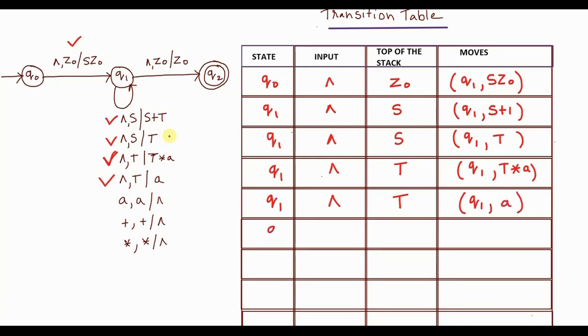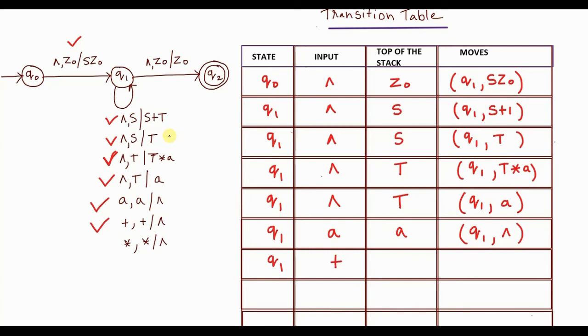Now I am talking about the next transition, the current state is Q1, the input symbol is A, top of the stack is also A. By doing this transition you remain in Q1, but then what do you push inside? Basically it's a pop operation. What you're pushing inside is null, right? Similarly, for this operation, you are in Q1.